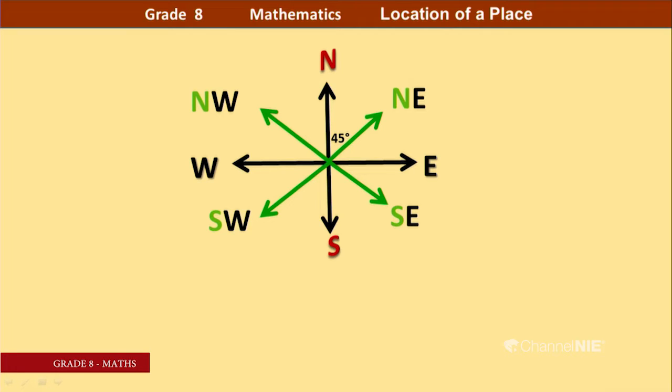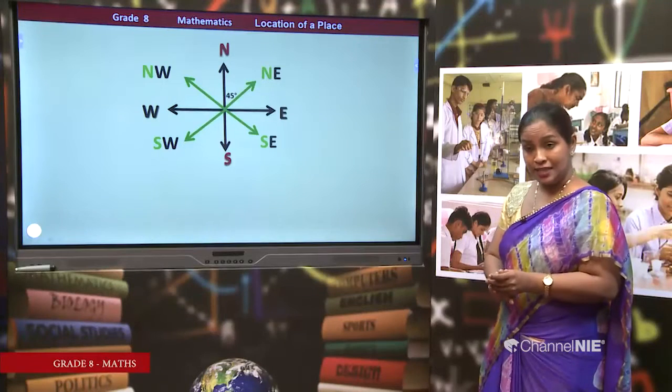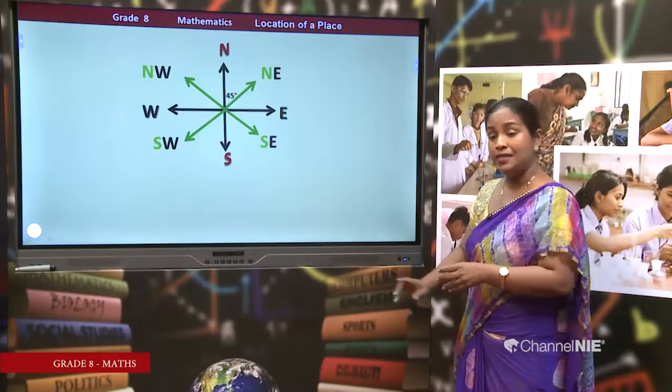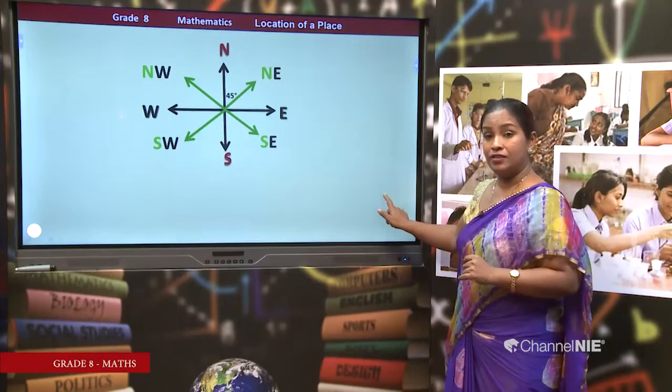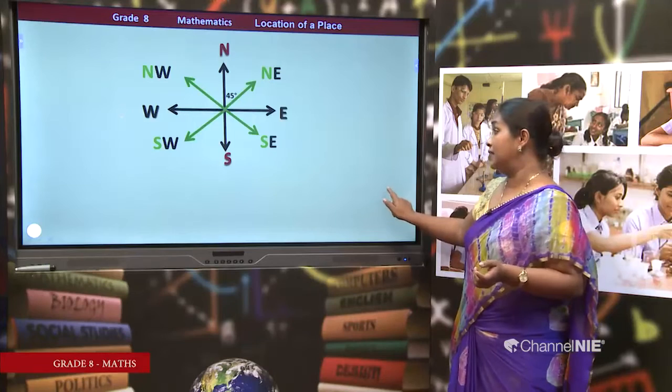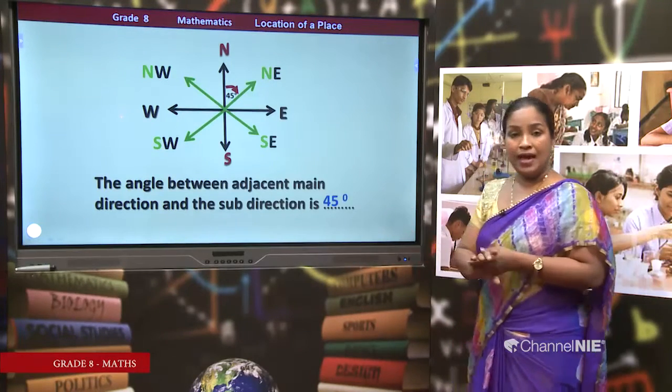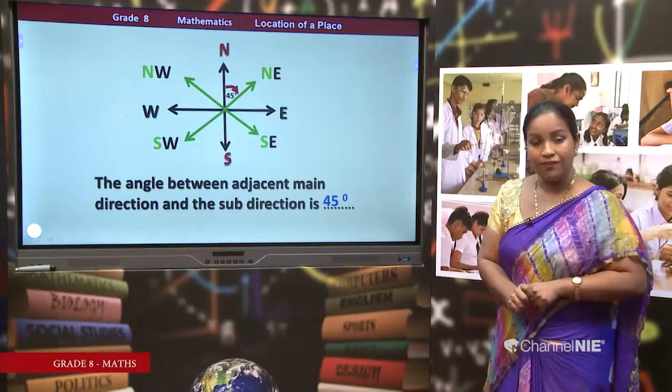So, a subdirection is exactly at the middle of adjacent main directions. So, it should be half of the angle as earlier. It was 90 degrees between adjacent main directions, so half of that is 45 degrees. You should remember these things, very important here. So, the angle here is 45 degrees.